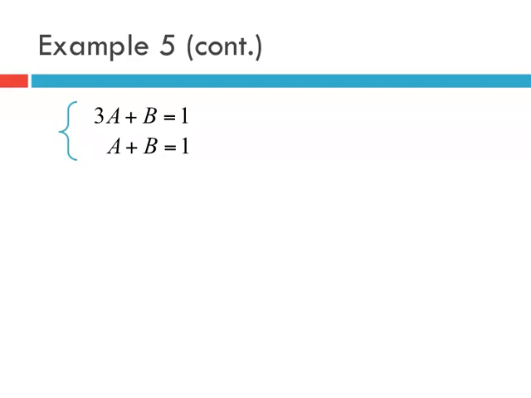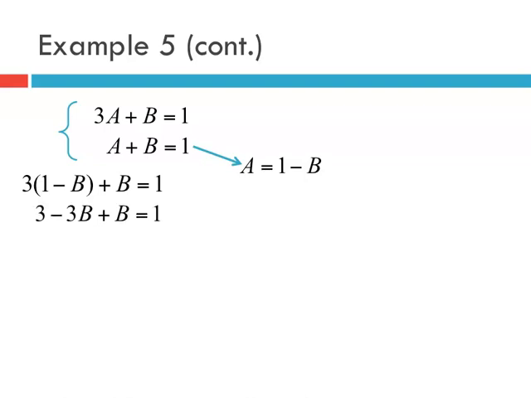So I'm going to take that second equation and I'm going to use substitution. So I'm going to solve for a, subtract b over, and now I'm going to substitute that into the first equation. So 3 times 1 minus b plus b equals 1. Distribute the 3. Combine like terms, so we have 3 minus 2b equals 1.